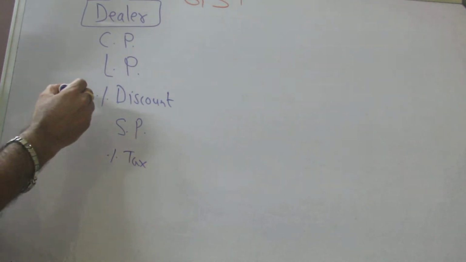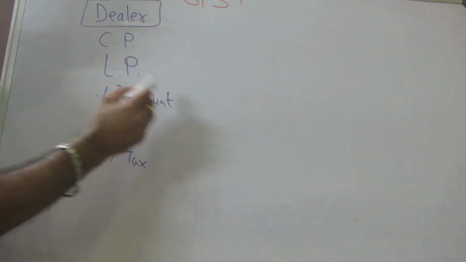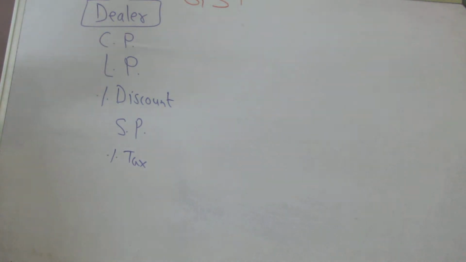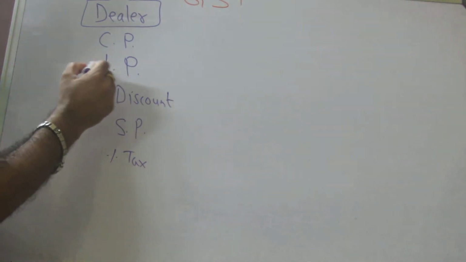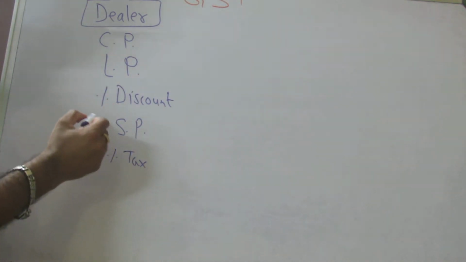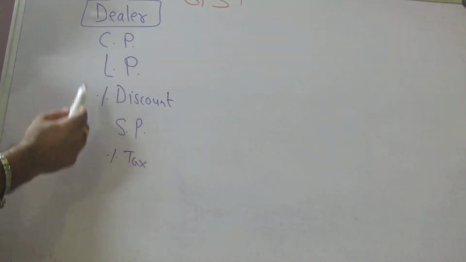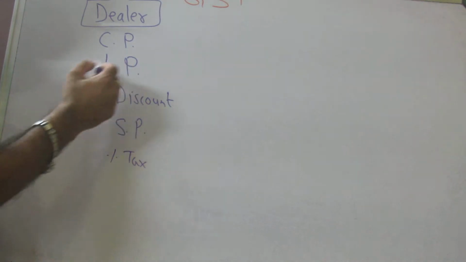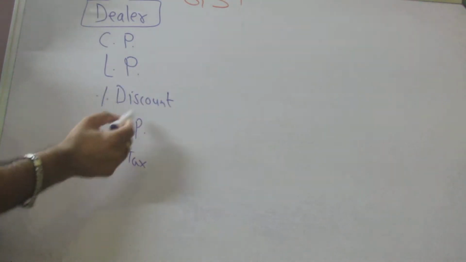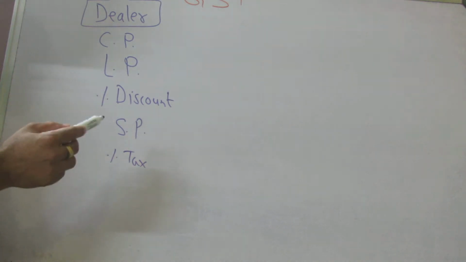Most of the time we find that dealers offer some discount, so there is a percentage of discount which is available, and from the list price we deduct the discount, and that becomes the selling price for the dealer or cost price for the consumer. Please note that we always take percentage discount to find selling price.